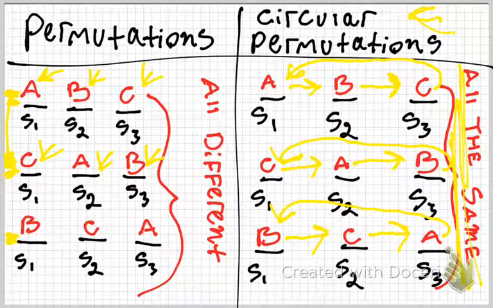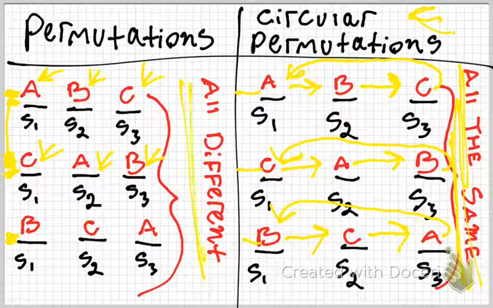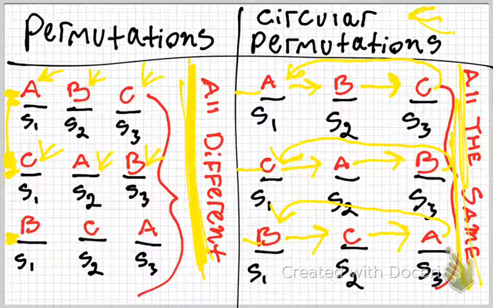Notice that one circular permutation, because these three rows, this one, and this one, these are all one circular permutation, produced three regular permutations. Okay? One circular permutation produced three normal permutations. All right? Let's keep moving forward.